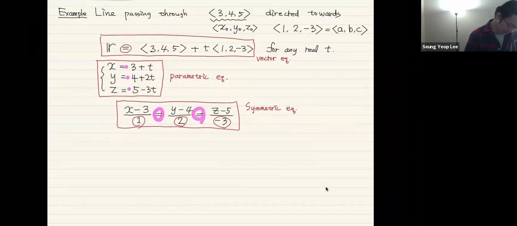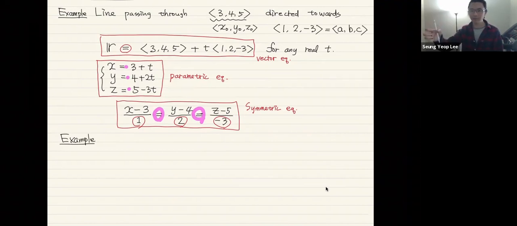Okay, then I can ask another question. Example. It's similar to this kind of question. In 2 dimensions, if there's a 2-dimensional equation, you are often asked to find the y-intercept or x-intercept, right? X-intercept is where it hits the x-axis.